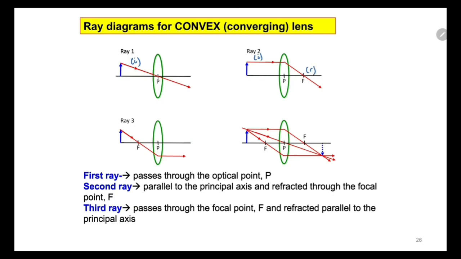And method number 3, an incident ray that passes through the focal point in front of the lens will refract parallel to the principal axis. You need to combine any two of the three methods to locate the image.